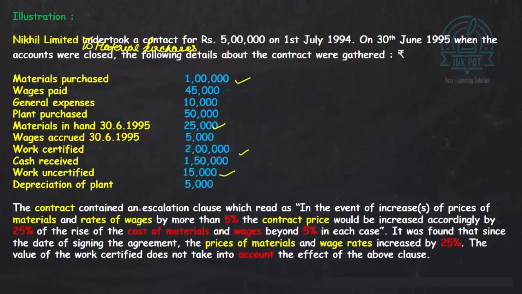Now there is an escalation clause. In case of escalation clause, it is used only when the prices of material or the prices of wages increase. So we will increase the contract price, and if the contract price increases, it is our income. So whatever is the value of escalation clause, we will show that value on the credit side of the contract account as an income.